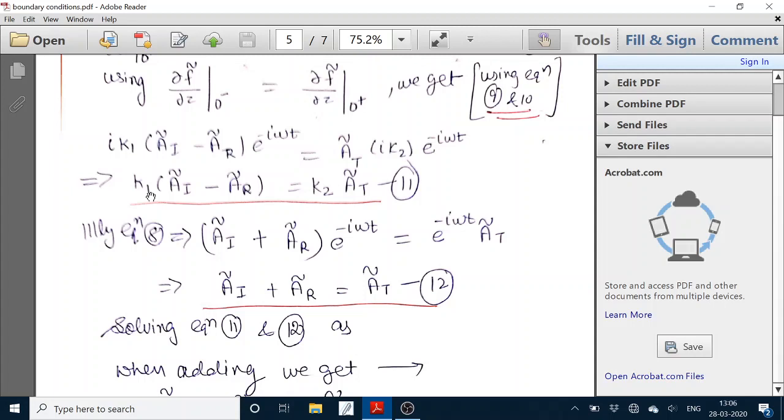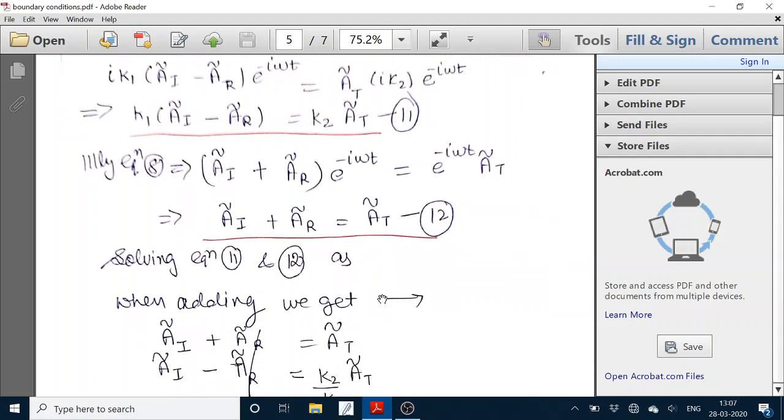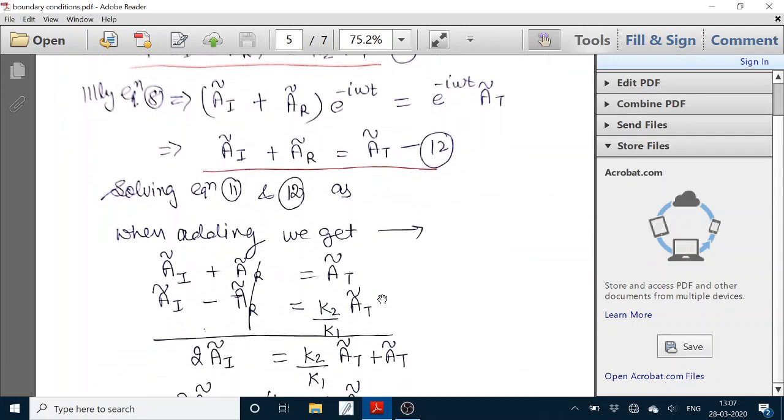Equation 1 is k1 into (ai minus ar) equals k2 at, and the second equation is ai plus ar equals at. We have to solve these equations to find the values of at and ar in terms of ai.